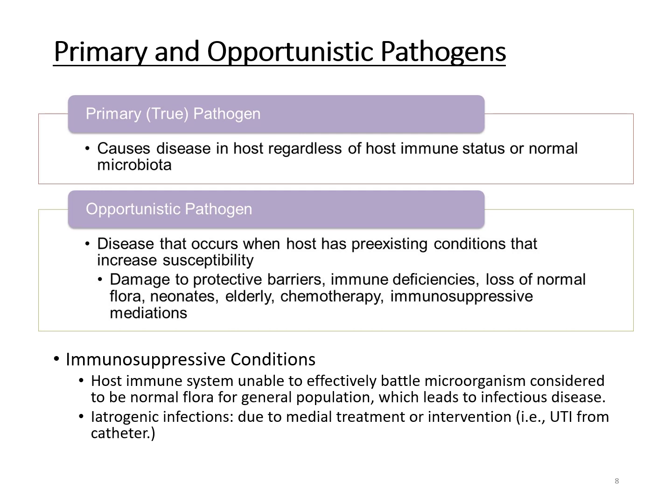Then you have things that are opportunistic. These are diseases that can occur when the host has some sort of pre-existing condition that's going to increase their susceptibility. This could be damage to a protective barrier, immunodeficiencies, loss of normal flora. So when you take a lot of antibiotic, let's say you've got a urinary tract infection, especially with women, you start killing off that normal vaginal flora, and that results in an overgrowth of yeast.